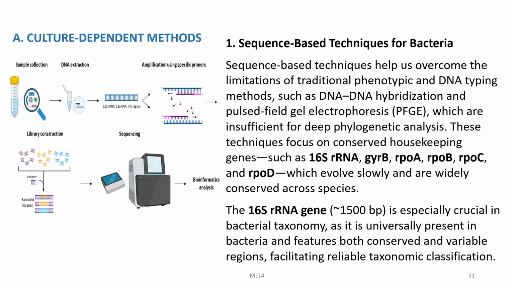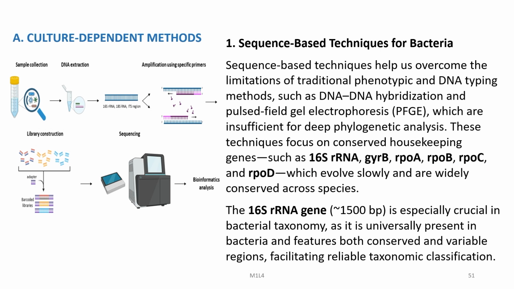Sequence-based techniques for bacteria, for example, help us overcome the limitations of traditional phenotyping and DNA typing methods, such as DNA-DNA hybridization and pulsed field gel electrophoresis, which are insufficient for deep phylogenetic analysis. These techniques focus on conserved housekeeping genes such as 16S rRNA, gyrB, rpoA, rpoB, rpoC and rpoD, which evolve slowly and are widely conserved across species.